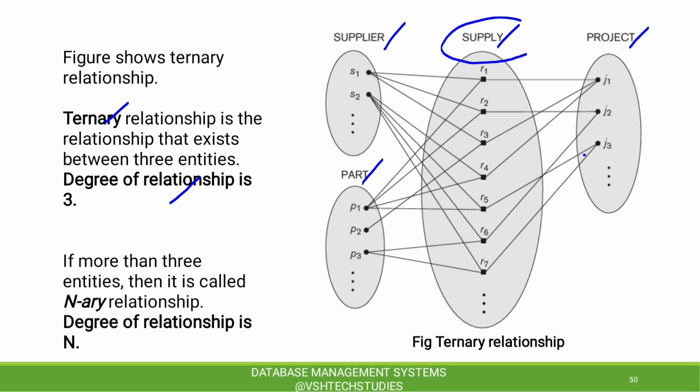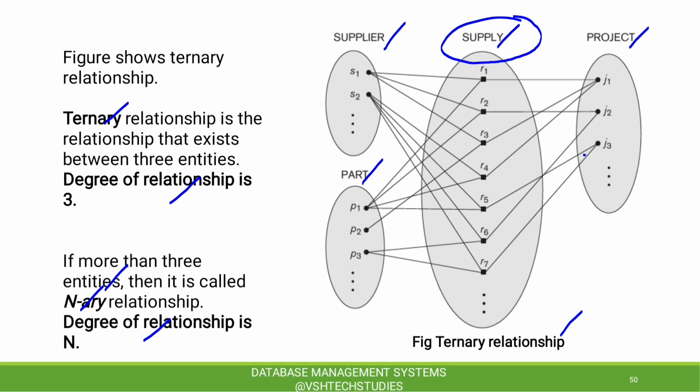Hence supply relationship is a ternary relationship. If more than 3 entities are participating, then that relationship will be called N-ary and the degree of that relationship will be N.